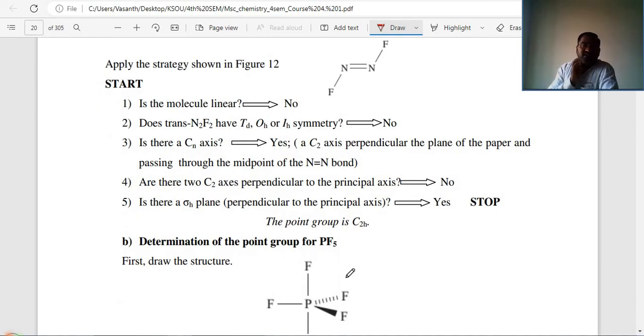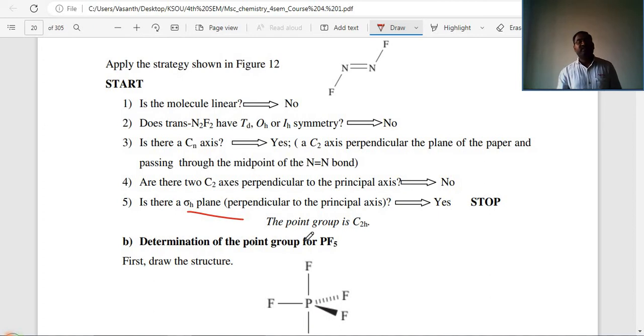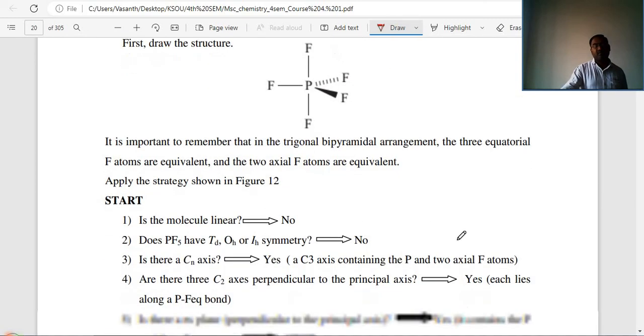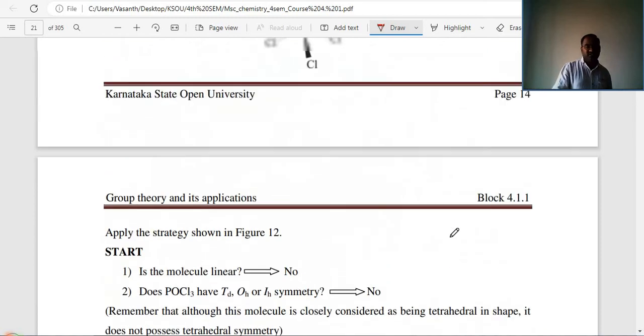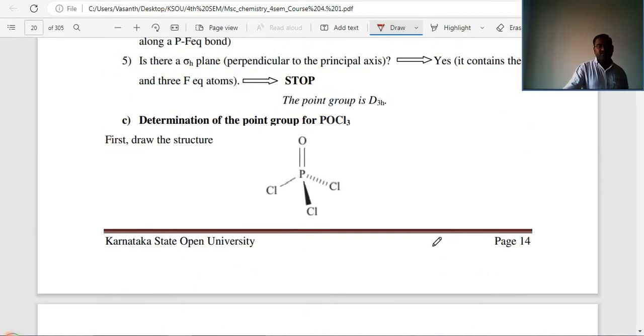Are there 2 C2 axes perpendicular to the principal axis? No. Is there a sigma h plane perpendicular to the principal axis? Yes. This is the way to determine the point groups of molecular structures using these molecules.